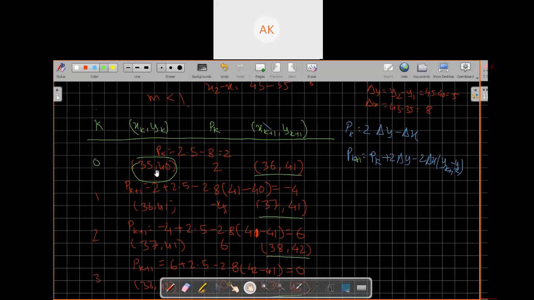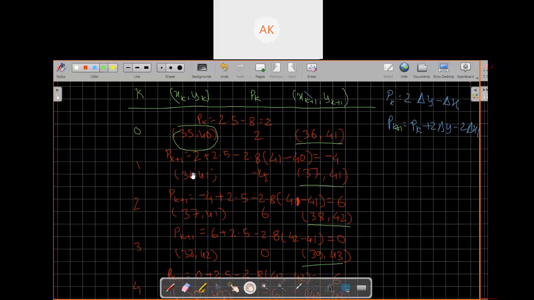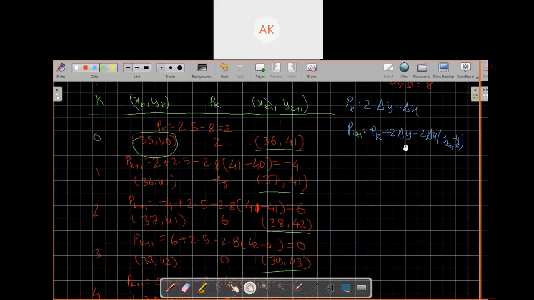Your initial point is (35, 40). When the decision parameter is greater than 0, xk+1 will be xk plus 1, 35 plus 1, 36, and yk+1 will be yk plus 1, 40 plus 1, 41. Now calculate the next decision parameter, pk+1. The formula for pk+1 is this.